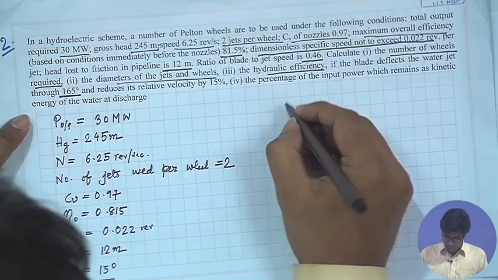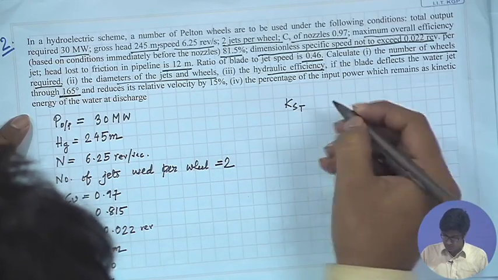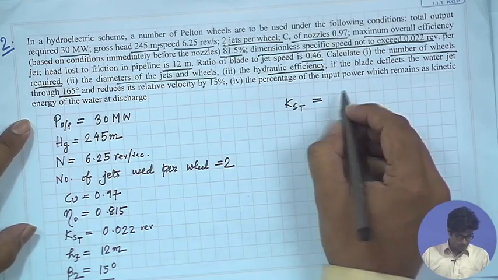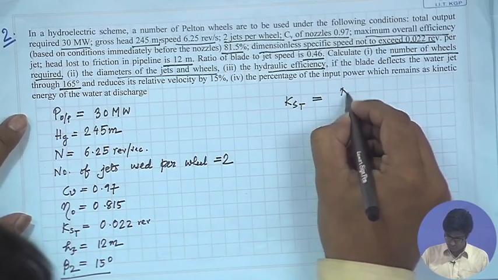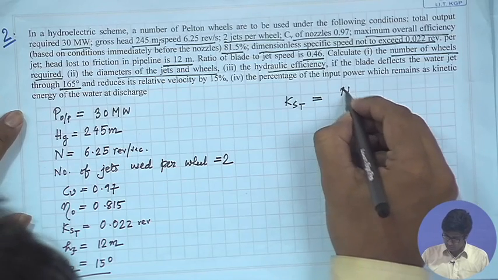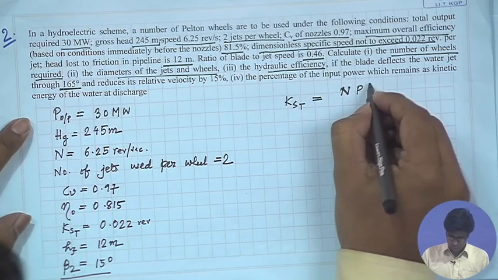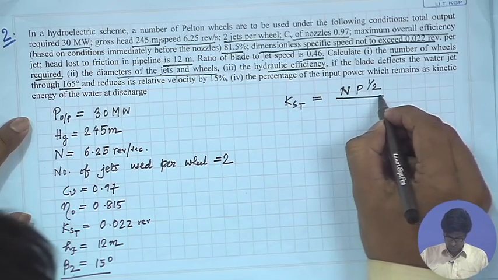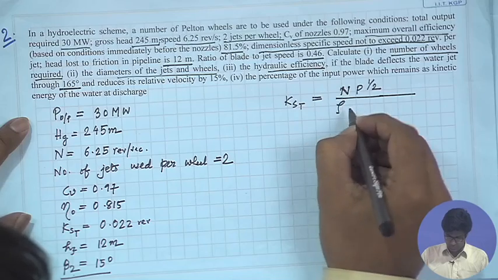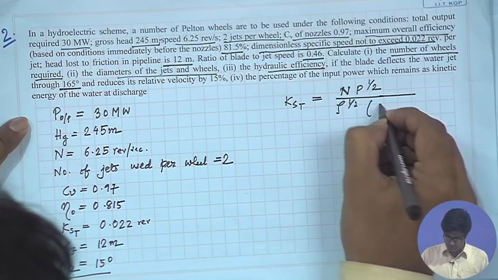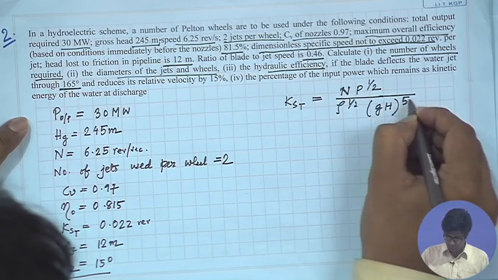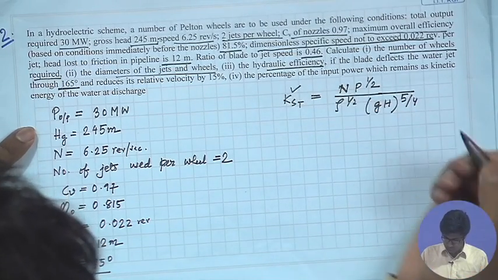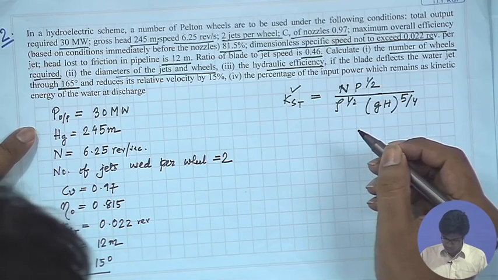So, first let us write down the expression for the specific speed for turbine. It is given as n into P to the power half divided by rho to the power half into gh whole to the power 5/4. So, from here we know the value of the maximum specific speed, which is given.